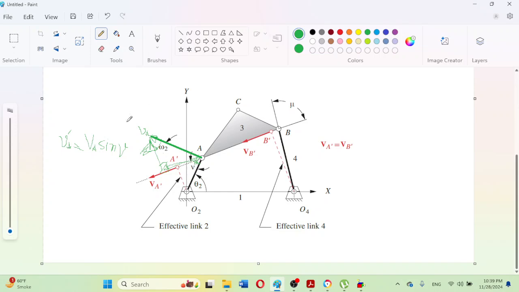If we know the velocity VA, then we can simply multiply the velocity VA with the sine of the angle V.